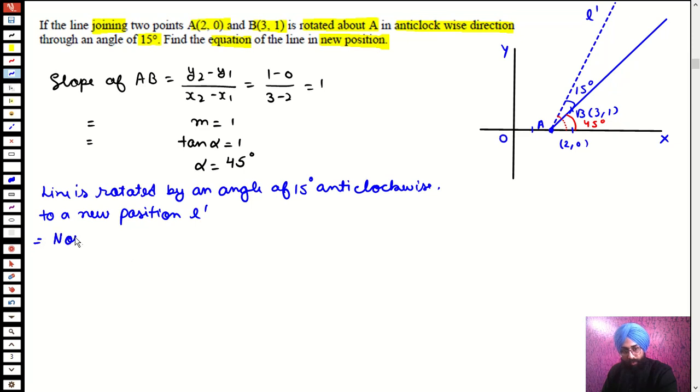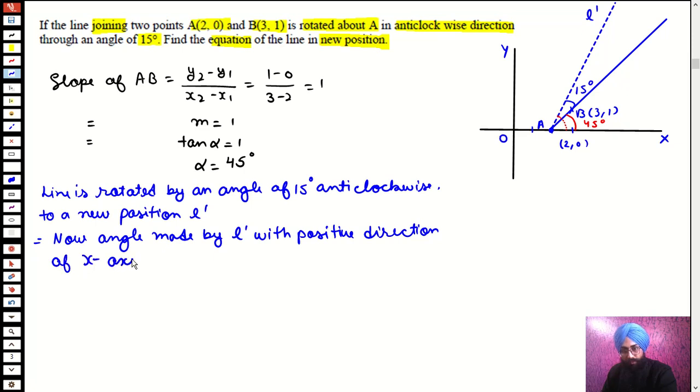Now what we say, the angle made by L dash with the positive direction of the x-axis will be 15 plus 45, which is 60 degrees. So we got it. Now we can write the slope of L dash. So slope of L dash.